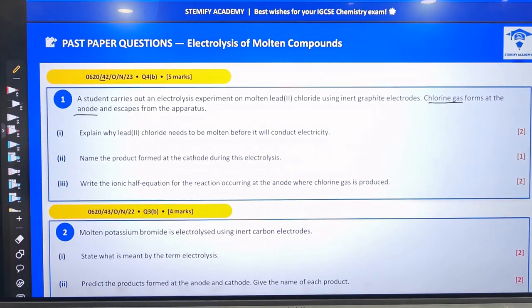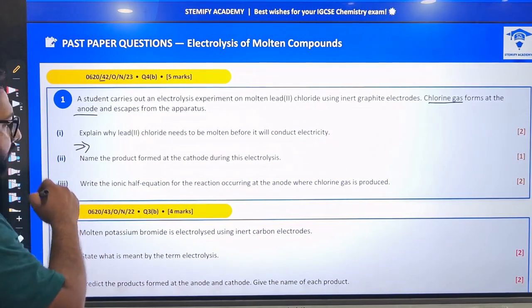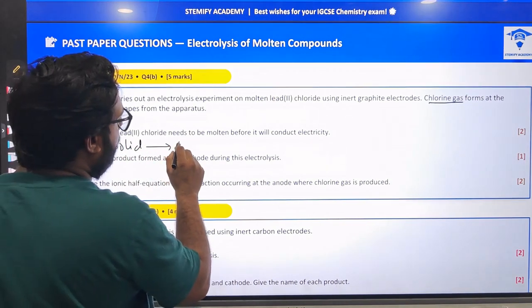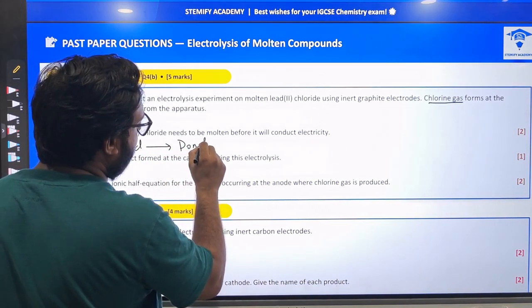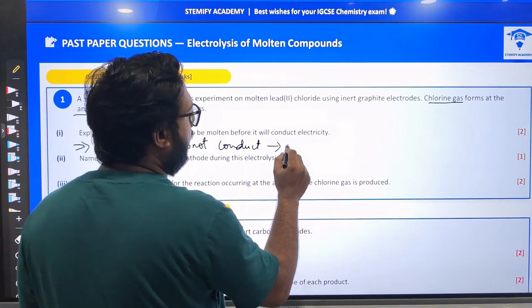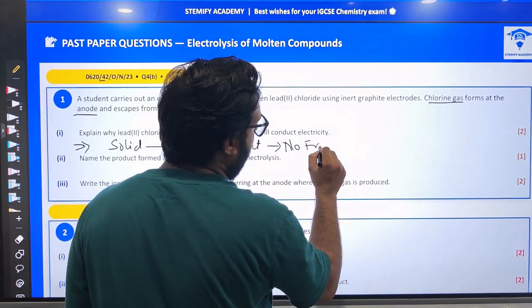So for this question, you can write that in solid form, they do not conduct electricity because we have no free ions.